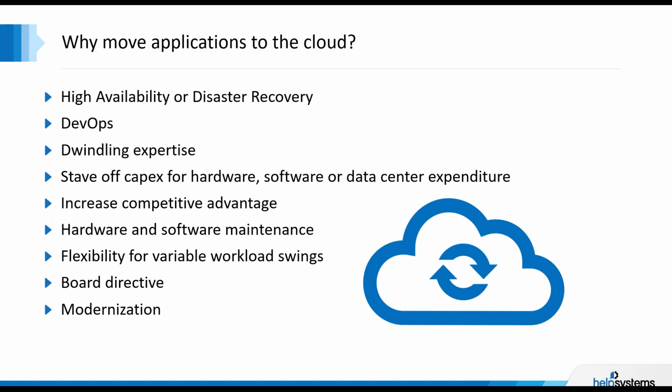Just a simple example there. Dwindling expertise: another HelpSystems survey question concerns IBM i expertise, and consistently around half the respondents each year are flagging this as a worry or a concern.